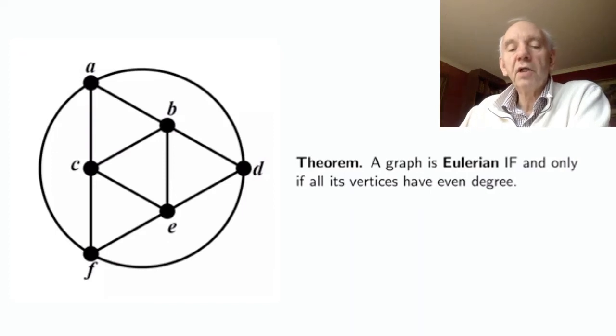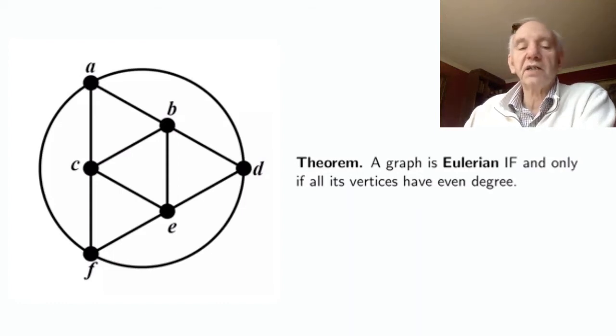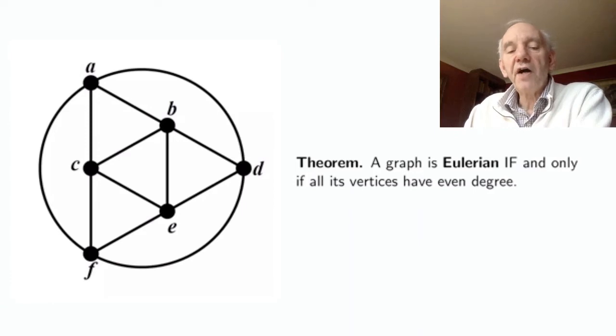I'm not going to show it in the picture, but essentially you can start by doing some closed trail that may not cover every edge, and if that doesn't cover every edge, you find out where you can put in another little trail, a little diversion that covers more edges, and you keep adding such closed trails together, and eventually you'll get an Eulerian trail.